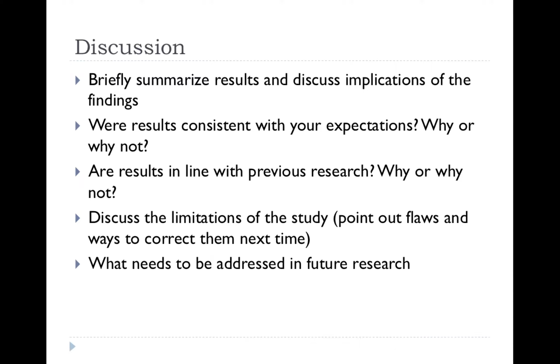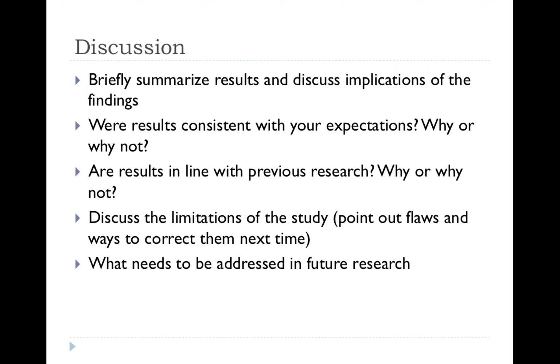You could, for instance, say that you had fewer male than female students, and obviously that might limit your ability to generalize the results. But you always want to say something at the end about why your results are still valid. So be honest about the limitations, but make sure that you're not discrediting your own findings. It's nice to mention some of the limitations, but you don't want to do it in a way that completely negates what you found.